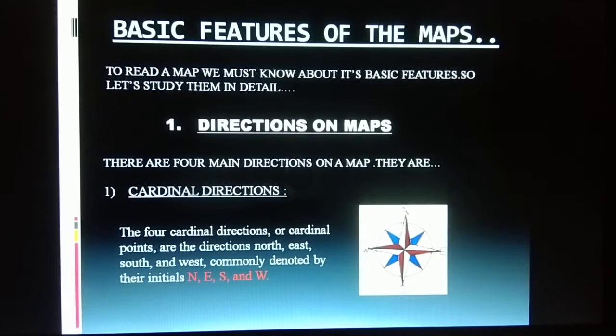These are very commonly used for location, and if you want to say a country or a city lies towards the north of that country, you can easily correlate that it will be at the topmost place. Okay.